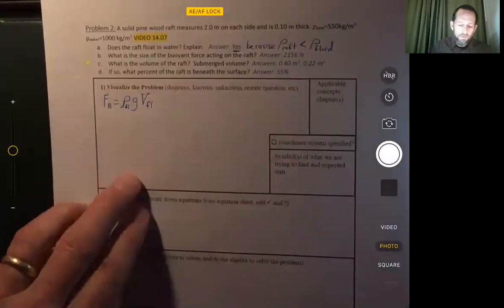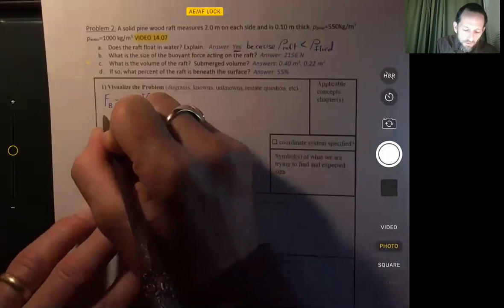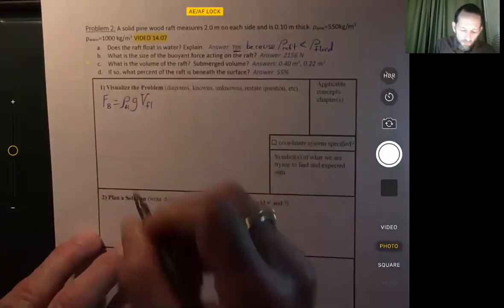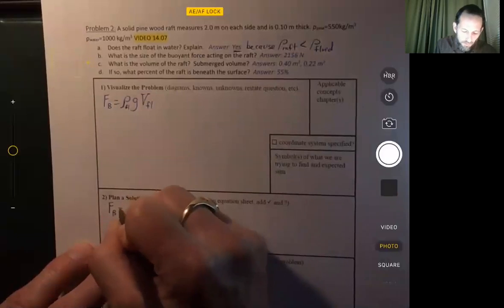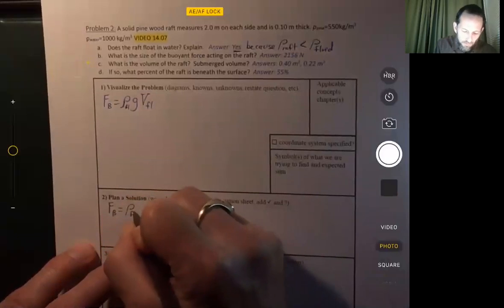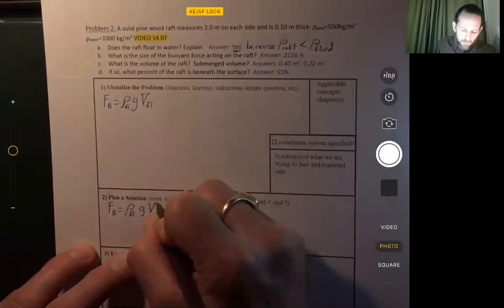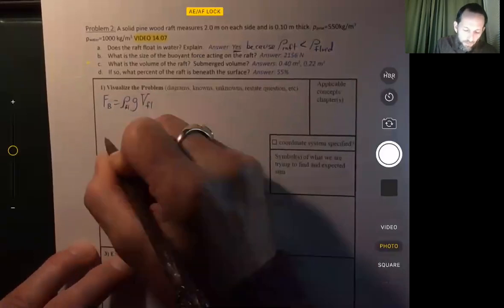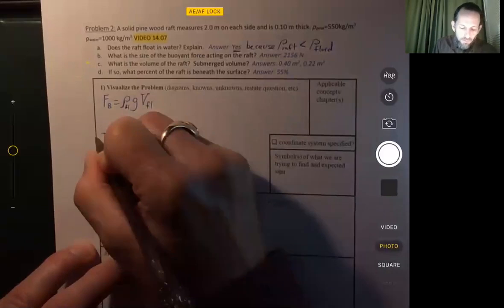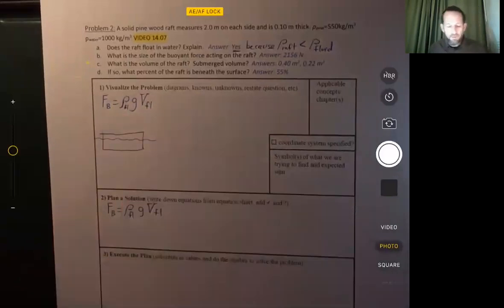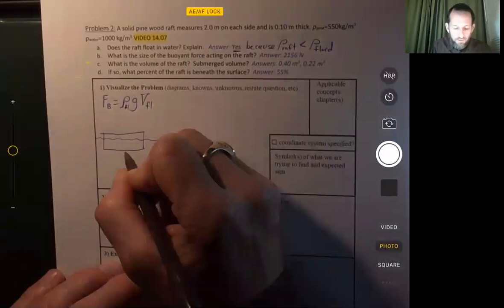It's the volume of fluid displaced. And that should have gone in the plan section. Sorry about that. And up here, we can draw our raft. There's some amount of the raft under the water and some amount of the raft above the water.